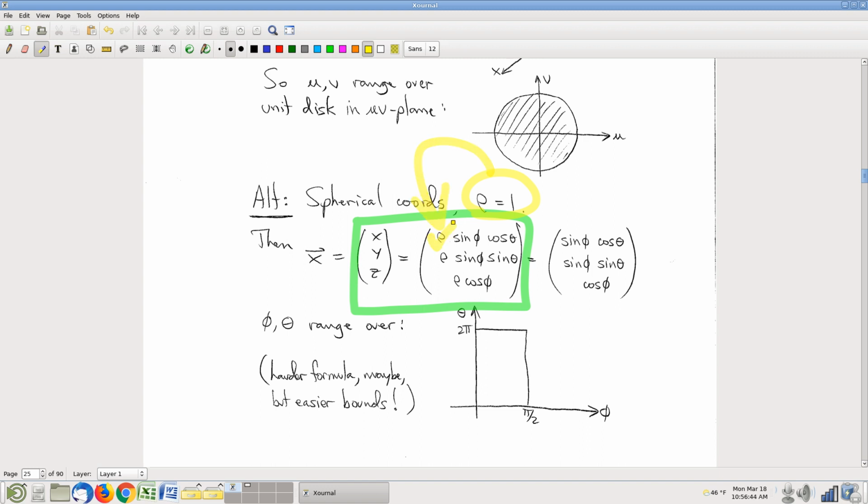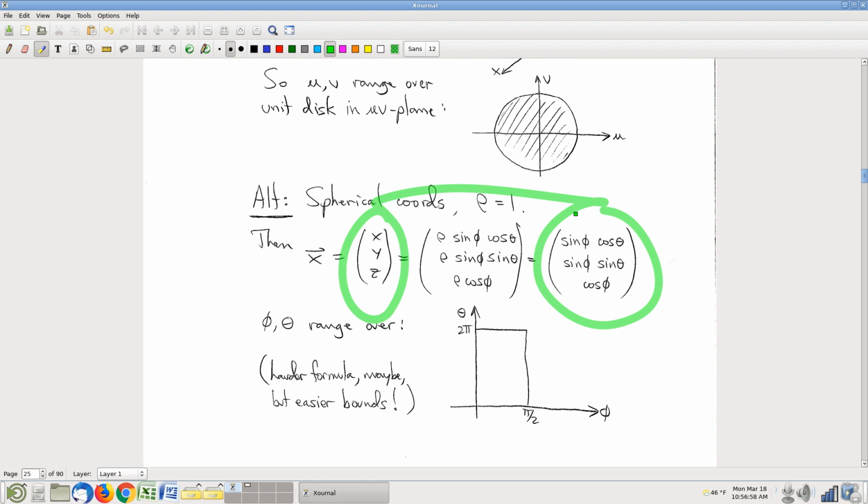So that's a 1, that's a 1, that's a 1. And notice, not unlike what happened when we did this in rectangular coordinates, out comes position as a function of, here, let me do it like this, position as a function of two input variables. That's phi and theta instead of u and v, but there's nothing magic about u and v. Phi and theta work just as well. So what we have here is a parameterization from the phi theta plane instead of the uv plane. The math is all the same.